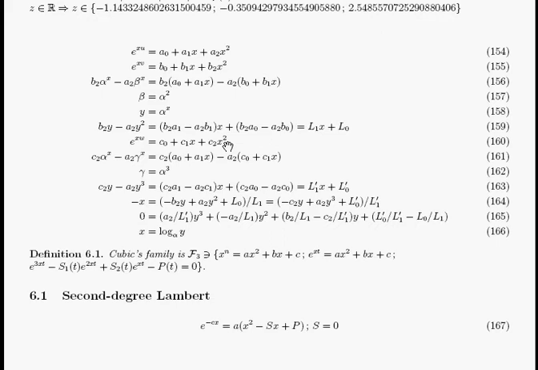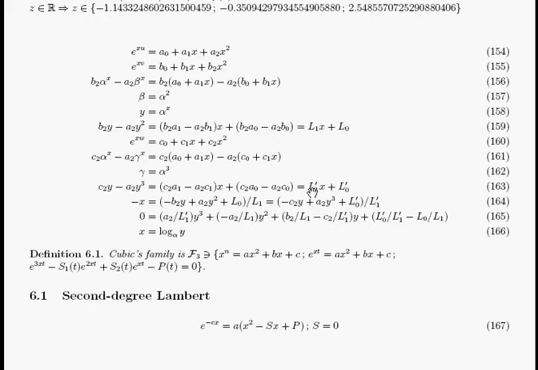We need three pieces of information to solve the system. Repeating the algorithm above, c2 times the first minus a2 times the second, or the third, gamma equals alpha cubed. We have c2 y minus a2 y cubed equals L1' x plus L0'.